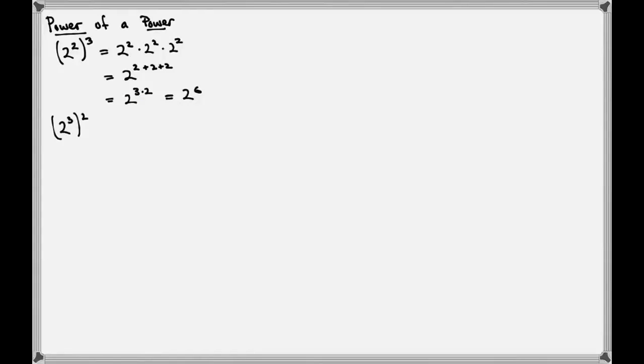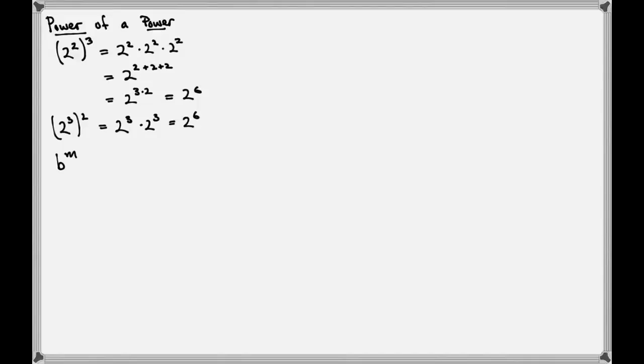Notice I could have done it in the other order. I could have 2 cubed and square that, and that means to take 2 cubed times itself twice. But the answer is still the same here. I'm just going to count it in a different way. I have 3 plus 3, and that still gives me 6. So what we're seeing here is a general rule.